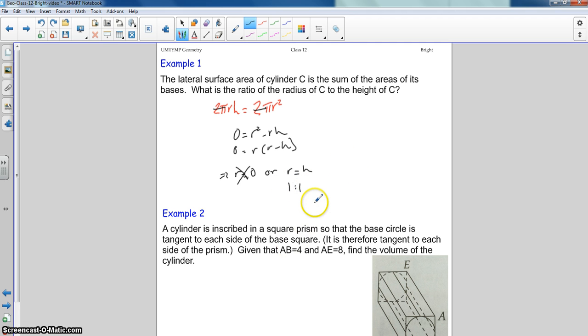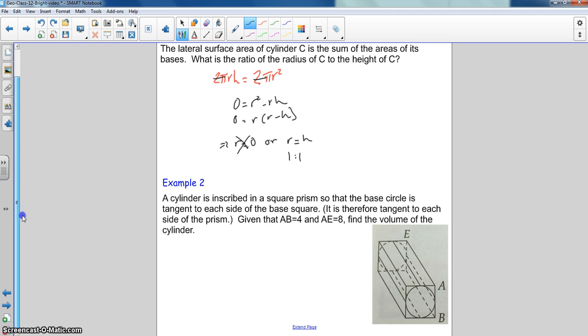Now in example 2, it says that a cylinder is inscribed in a square prism, so that the base of the circle is tangent to each of the sides of the base square. Now I have to use the information given. AB is 4 and AE is 8, and it says find the volume of the cylinder.